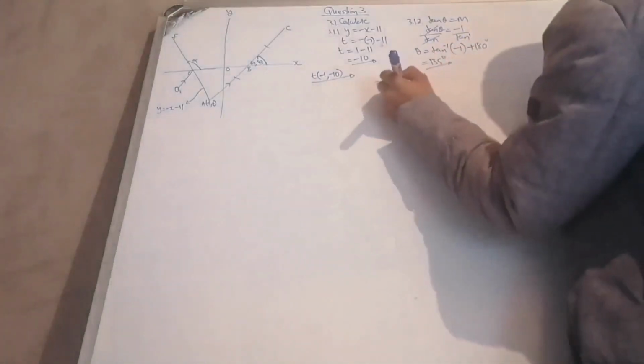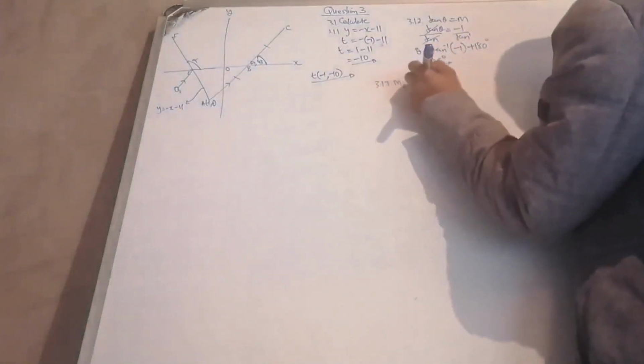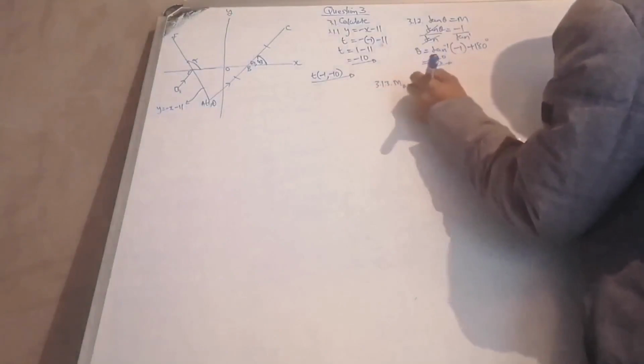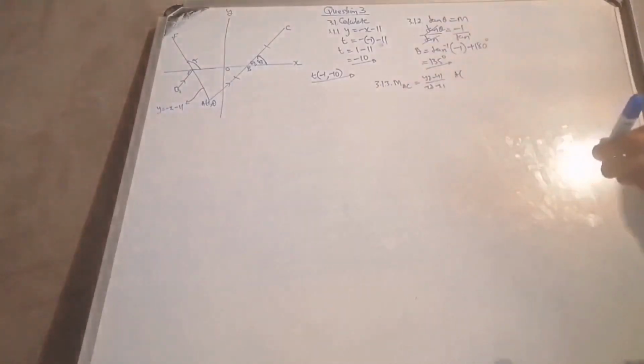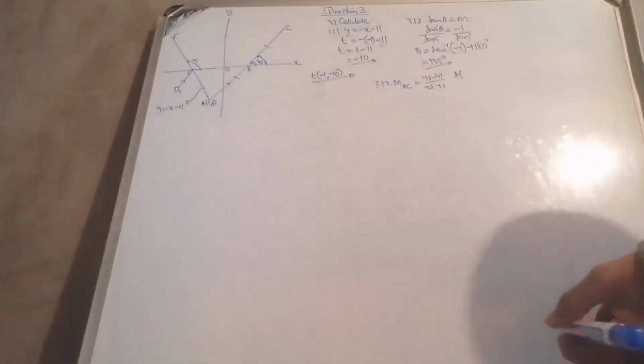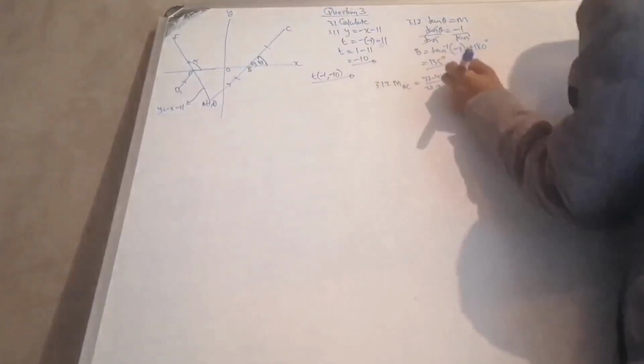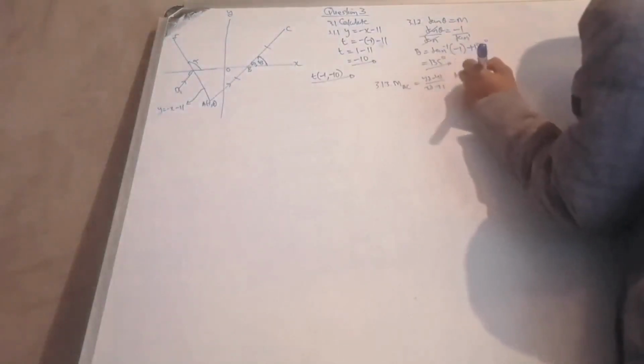They want the gradient of AC to the nearest whole number. Now I know that the gradient of AC will be the change in y over the change in x. And they are talking about A and C. So you will write the coordinates of A. I already know that's -1 and -10.